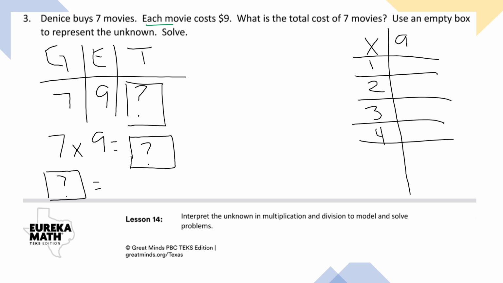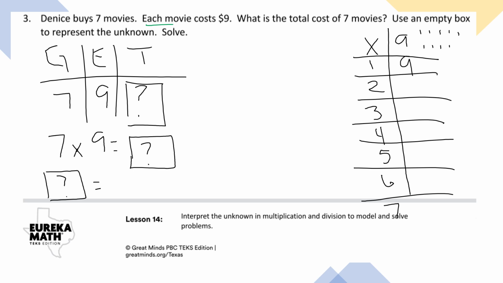If you want to for each question, you can. Because what that does is give you practice with your 9 multiples. Make sure you have your counters if you're creating it every time and you need that help. All right, and we fill it in.